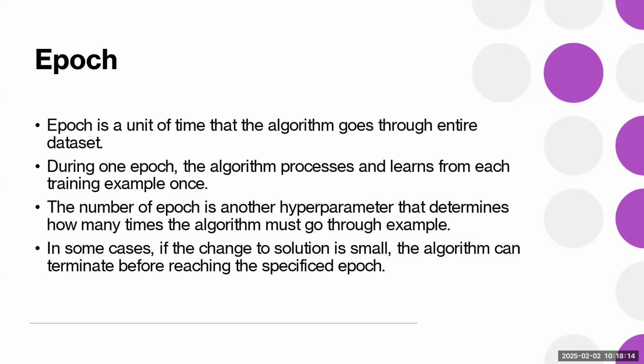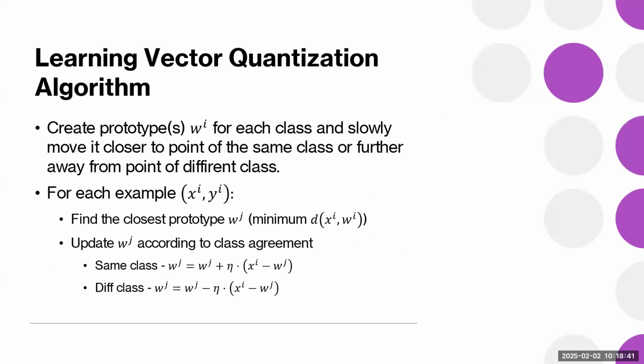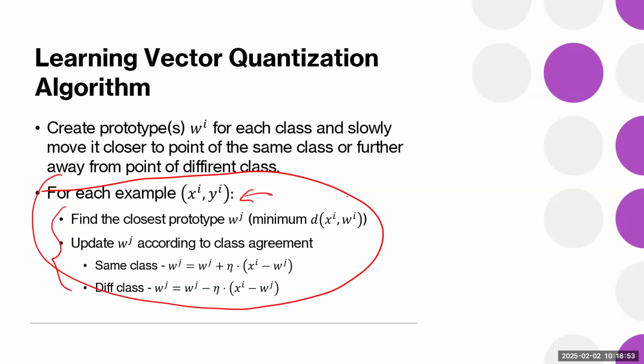So epoch, what is epoch? Have you heard of the word epoch before? So epoch is a unit of time in the algorithm. When you go through each example in the dataset once, we will call this one epoch. So here, when we have the algorithm, we say for each example, and then we do this thing. After we finish this whole for loop, the time is going to pass one epoch.